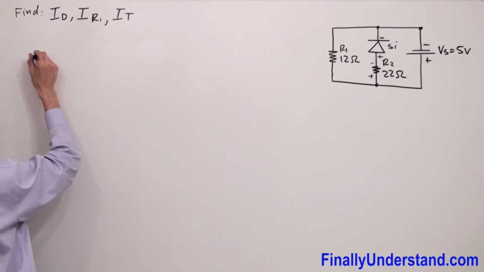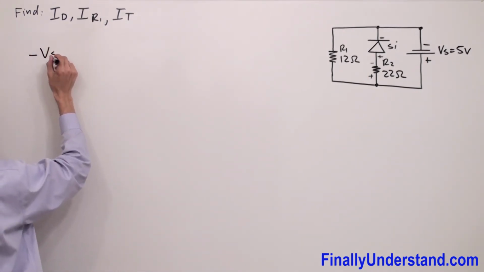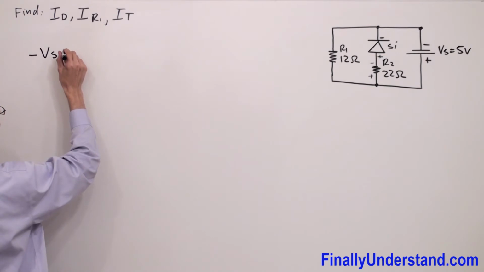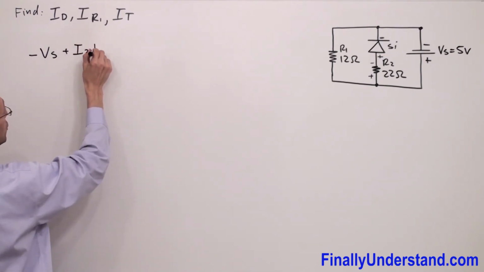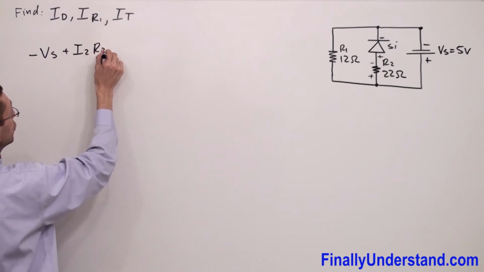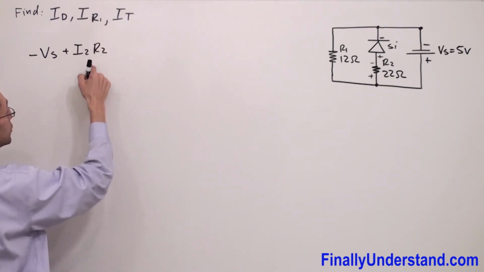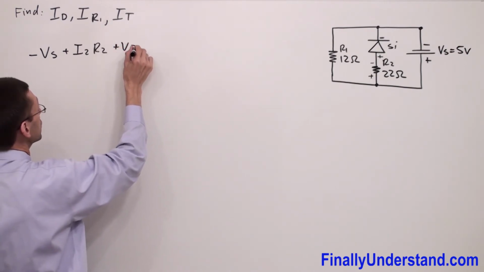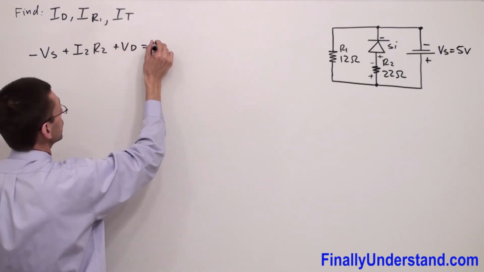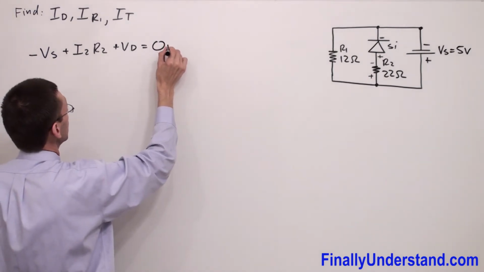So I have negative voltage source plus I2 R2, because I times R is the voltage, plus the voltage across the diode. Everything is equal to 0 volts.